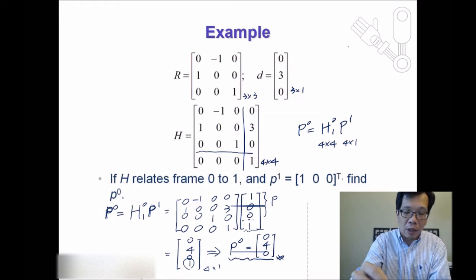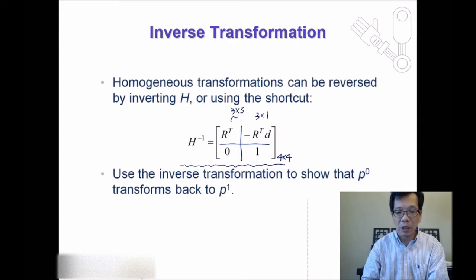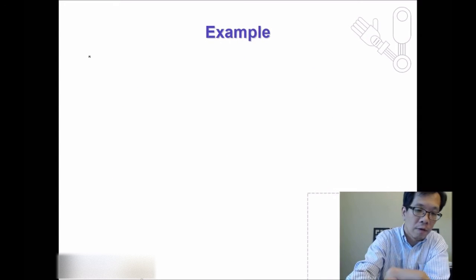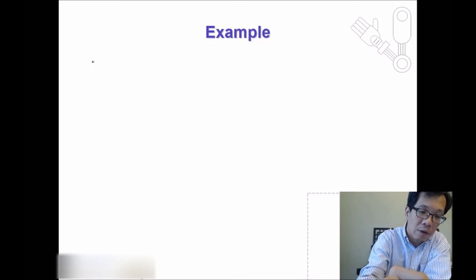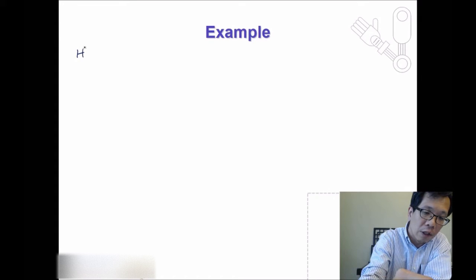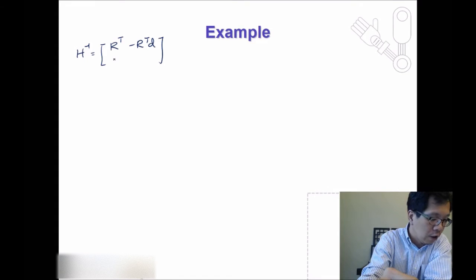We got our R, 0, -1, 0, 1, 0, 0, and 0, 0, 1 over here. So we would need to use the formula, which let me write it down over here. H inverse is going to be R^T, -R^T D, 0, 1.